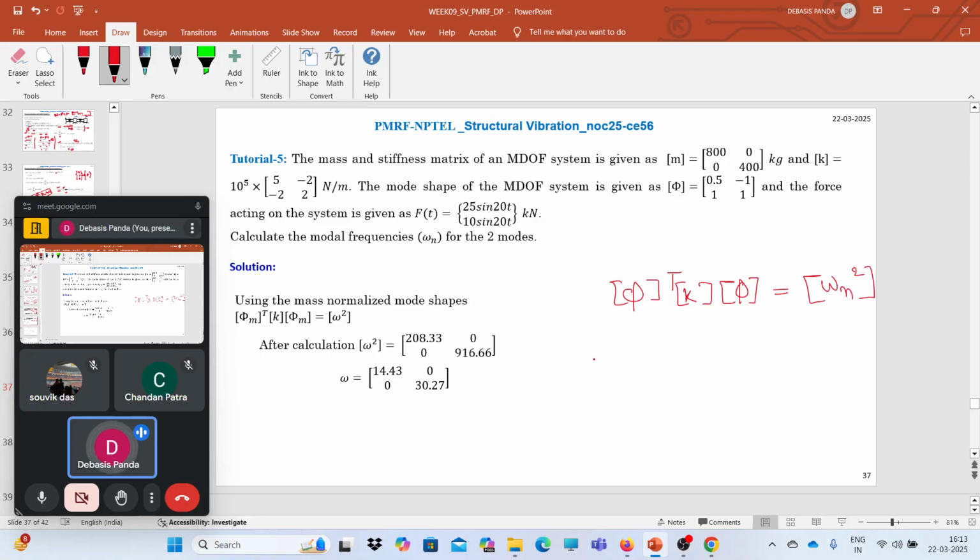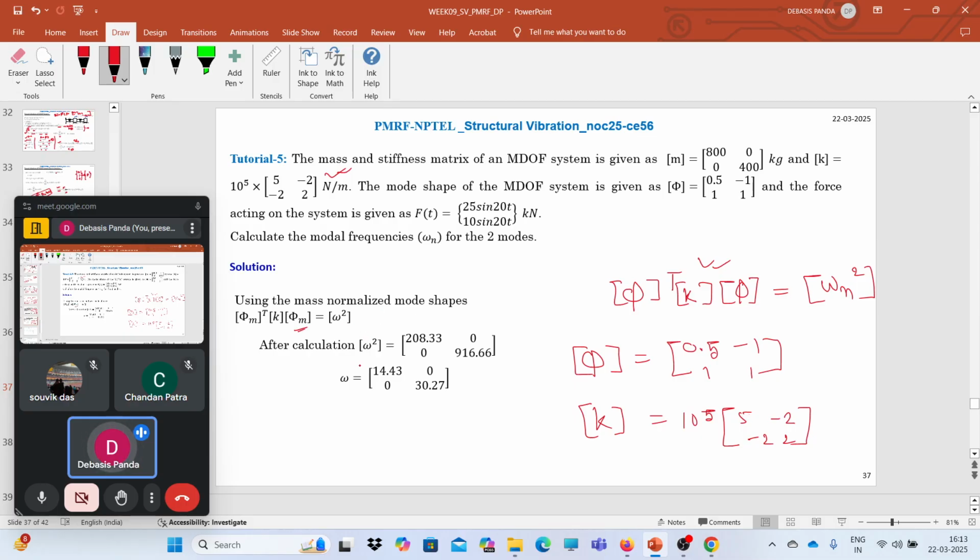So we have the value of phi, 0.51 and minus 1, 1. We have the value of k, 10 to the power 5 times 5, minus 2, minus 2, 2, and the unit is Newton per meter. If it is given in kilonewton per meter, you need to do the conversion similarly. Now if I do this operation, I will find this omega n square matrix, and it will be a diagonal matrix.